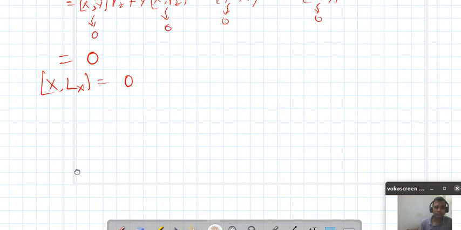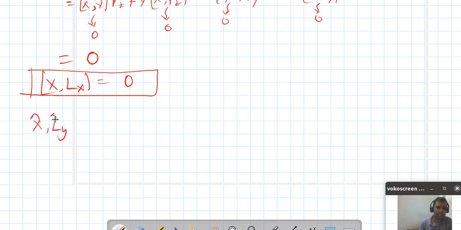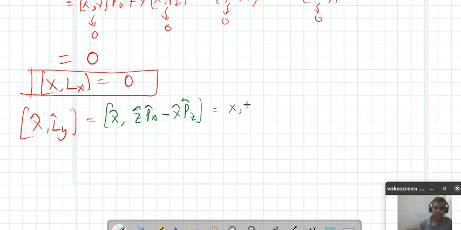Now there is another relationship which we have to keep in mind. This is one very important relation, and another is the commutator of x with Ly. Let me try to find out how it looks. So it is x comma zpx minus xpz, and this is equal to x zpx minus x xpz.